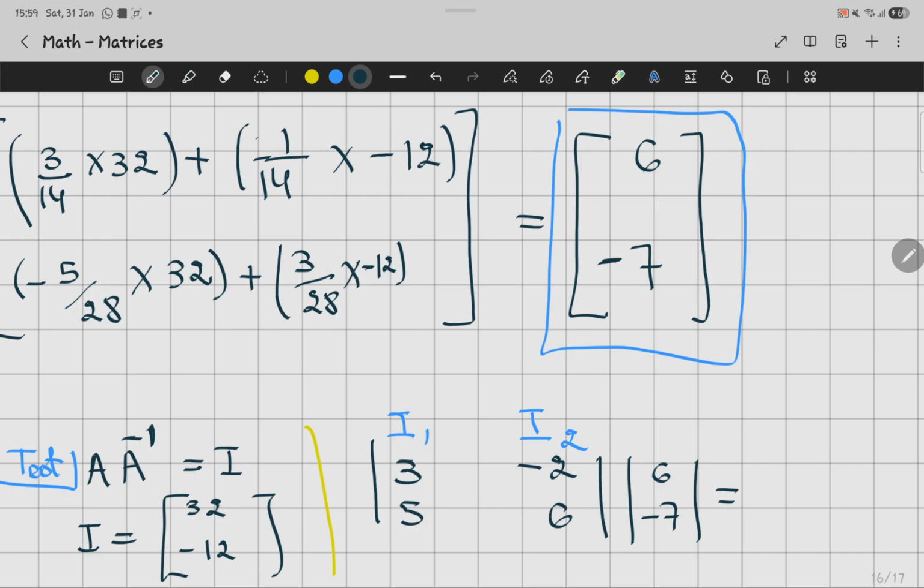If you multiply these two, you will get 32, negative 12.